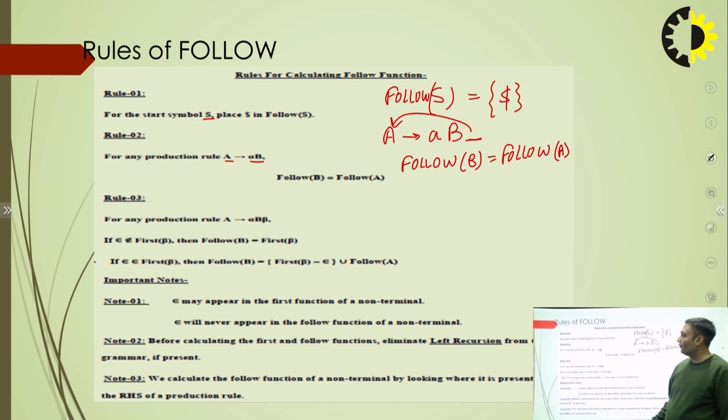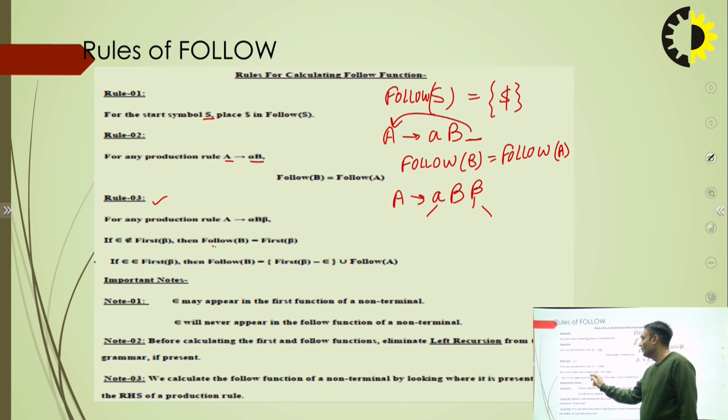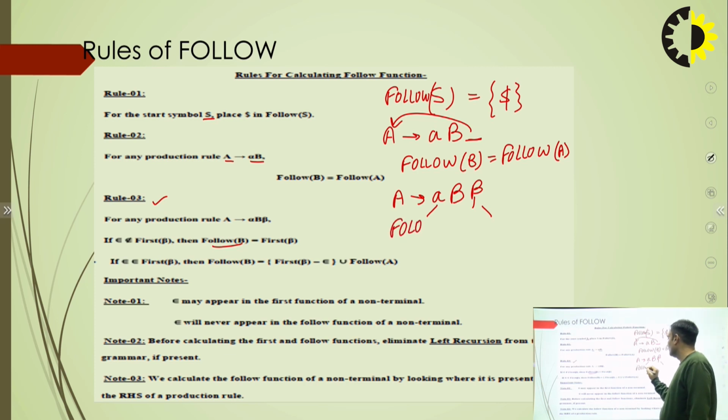Now, rule number 3 says that for any prediction rule A to alpha B beta, who is following this B? This beta. So the follow of B is the first of this beta.